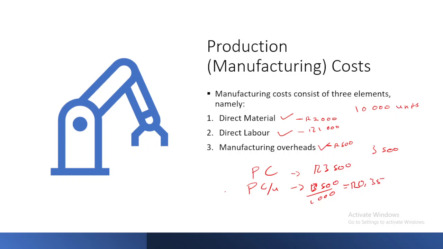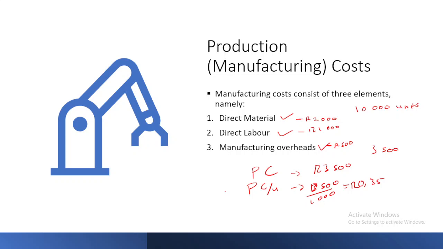So when it comes to manufacturing cost, what you actually determine is whether this cost was incurred because of the manufacturing of the product or not. If the cost was not incurred as part of manufacturing the product, it becomes a non-manufacturing cost. For example, the salary of a supervisor.